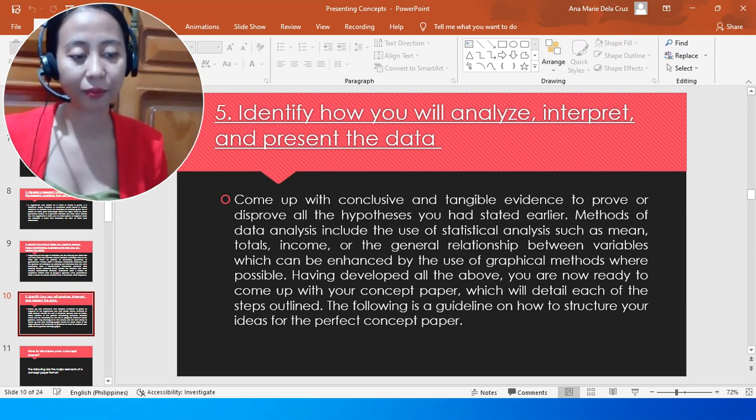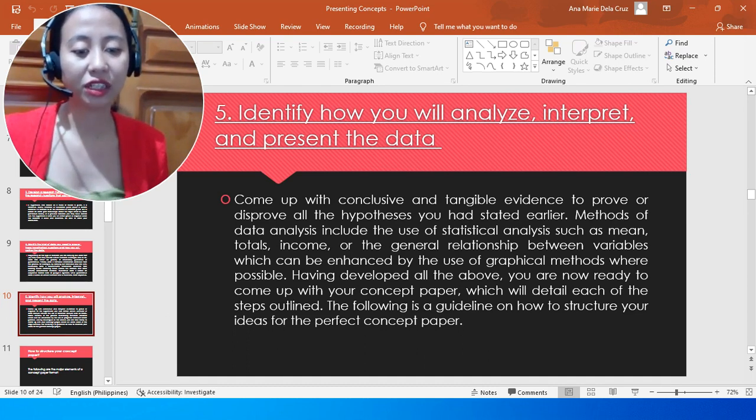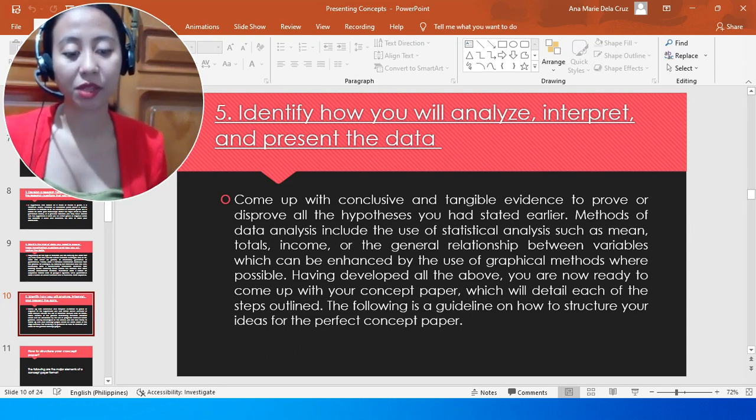We can apply that, such as mean, totals, income, or the general relationship between variables, which can be enhanced by the use of graphical methods where possible. Having developed all the above, you are now ready to come up with your concept paper. Okay? If you finish those 5, we can say that you are already prepared to come up with the concept paper, which will detail each of the steps outlined.